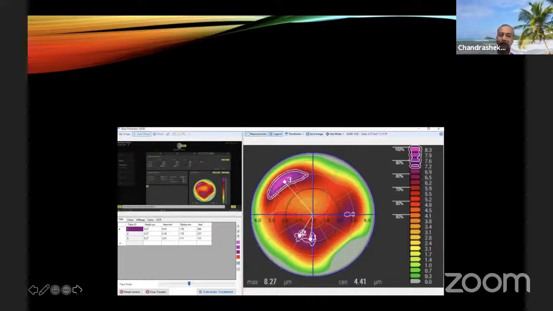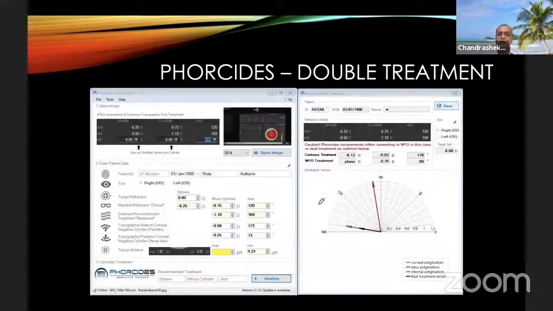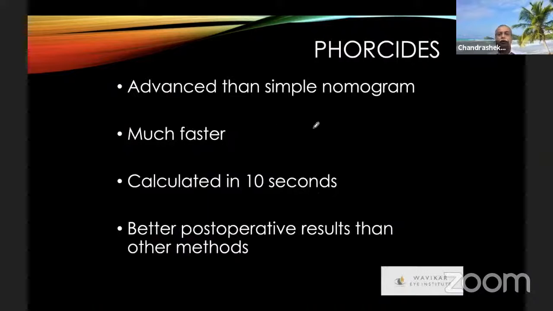You have a choice to delete any of those if you feel that they are not significant. And the output screen is over here. It will give you what you need to treat, and this is also nomogram adjusted, and you feed it straight into our workstation and go ahead with the treatment.